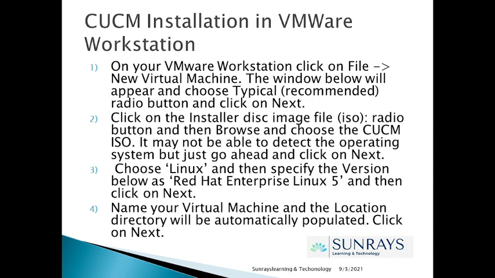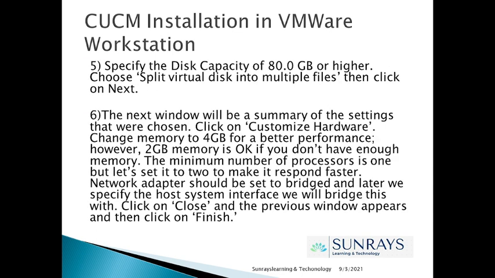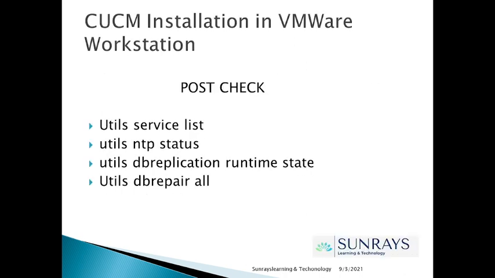For CUCM we are going to select Red Hat Linux, because after 5.5 Cisco changed their operating system to Linux. This slide tells the same thing I've already told you. Let me take you to the lab part.